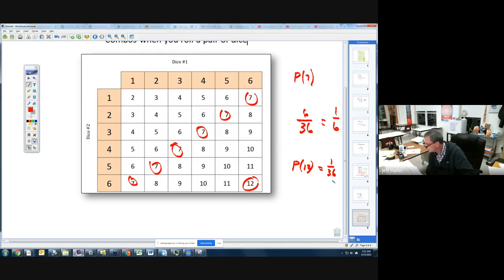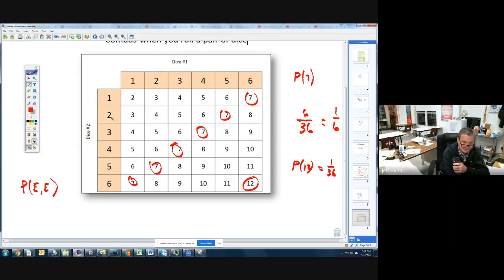But they might ask you, if 2 number cubes are rolled, how many possible outcomes are there for which the first roll is even and the second roll is even? So let's write that down: the probability of my first roll being even and my second roll being even. So here is my first roll.